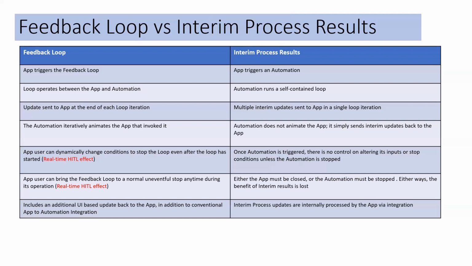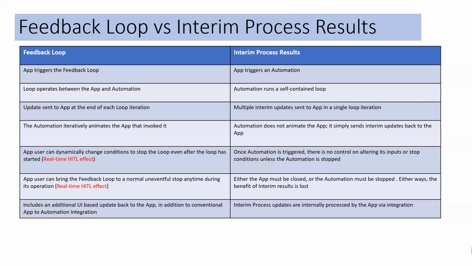It's like a progress indicator when you're installing a program: 10% completed, 30% completed, 70% completed. Multiple interim updates are sent back by the automation to the app.